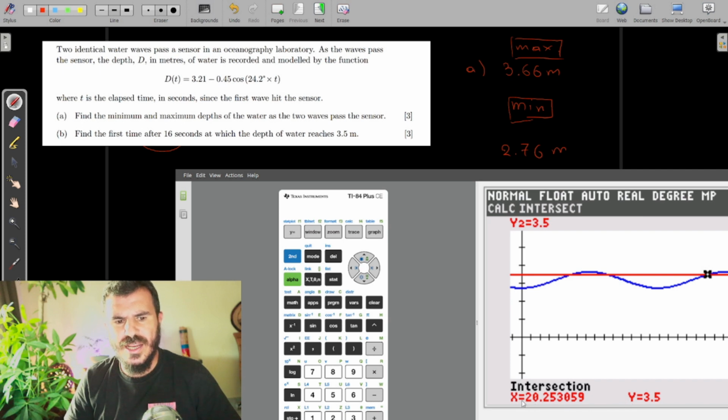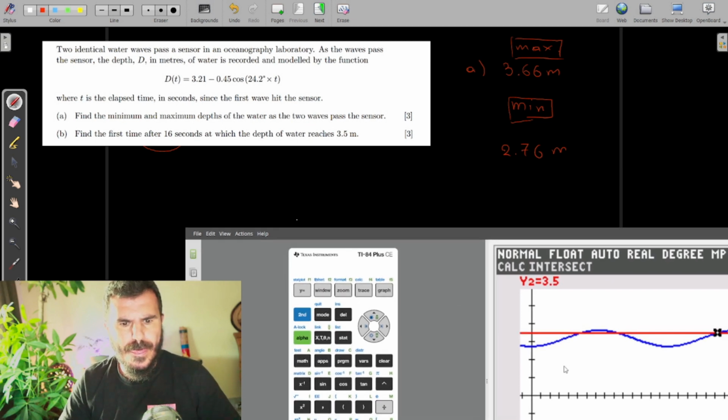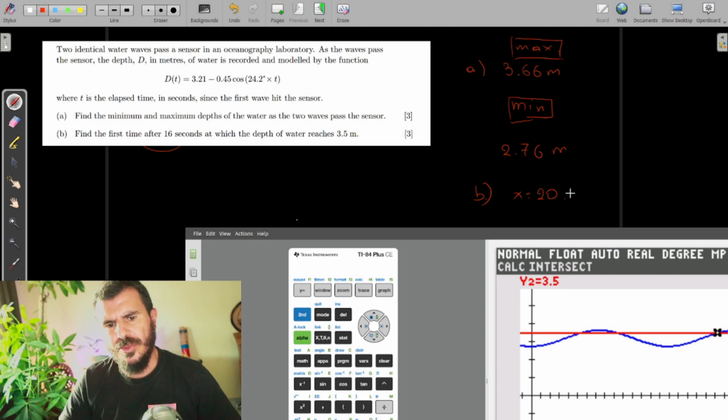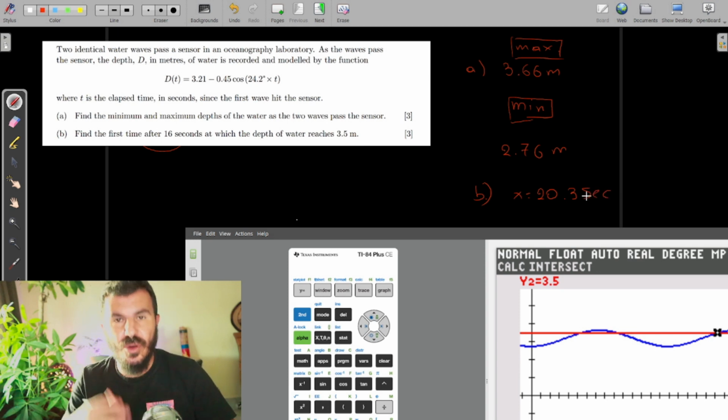So when time is 20.25, I have x for b, x equals 20.3 seconds, because I always have to round to 3 significant figures in the exams, if not mentioned otherwise. And that's how I deal with these kinds of trigonometric functions.